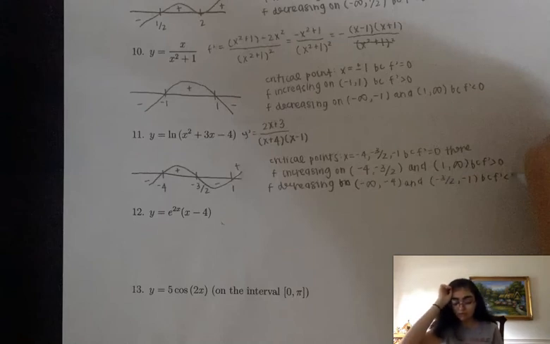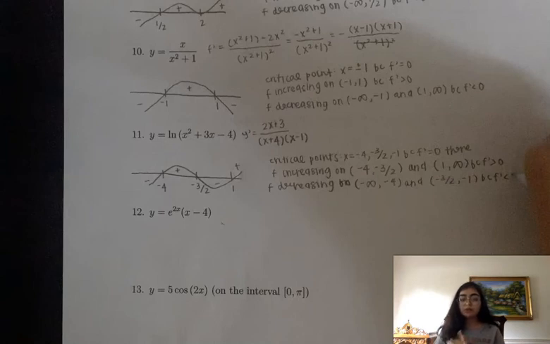Because -4 and 1 will cause the bottom of the fraction to equal 0, that will cause the fraction to not exist. So technically, I should have written because f prime is equal to 0 or does not exist there. This is the only instance of this on this worksheet because it's the only time where we're actually using factors from the denominator of the derivative equation to make our sign chart. So just keep that in mind.